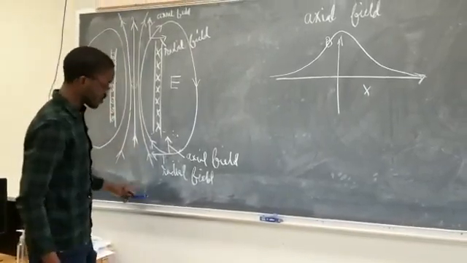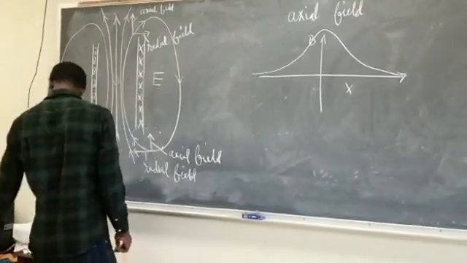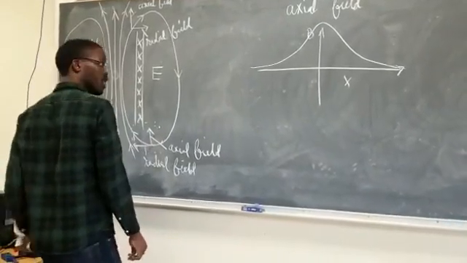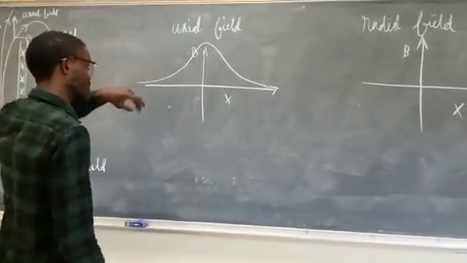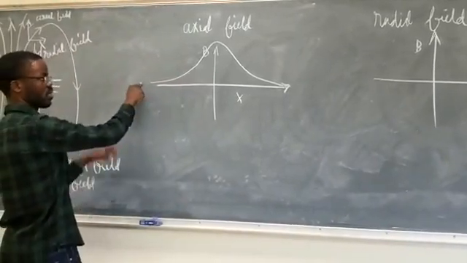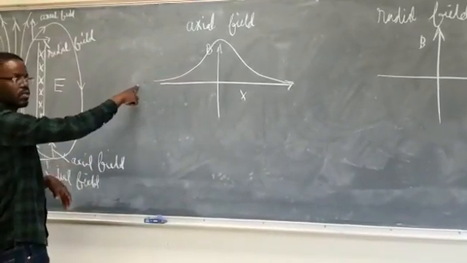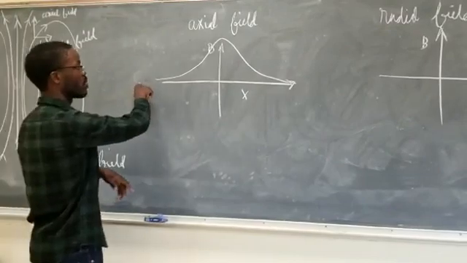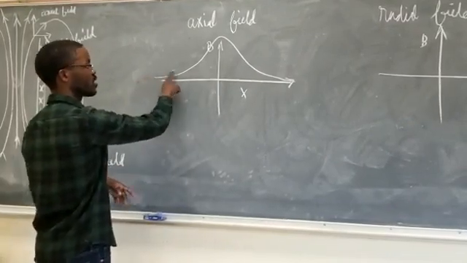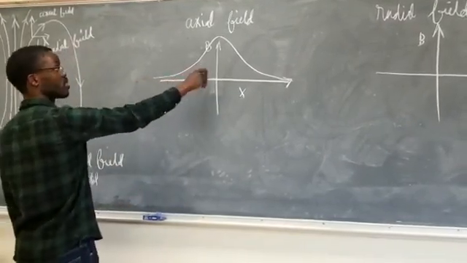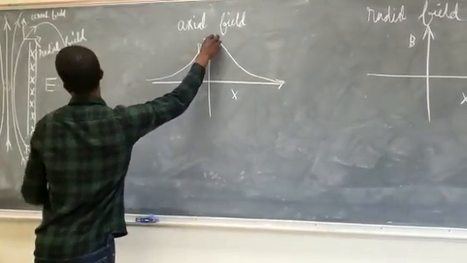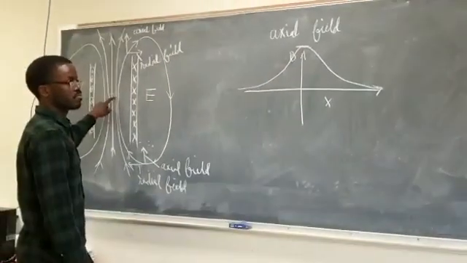Which is why we have this graph over here. So the starting position is somewhere over here, way below the solenoid. We have no axial field. And then as we pull the thing through the solenoid, the axial field magnitude is going to grow to some max value. This max value here corresponds to this one right in the middle. Right?